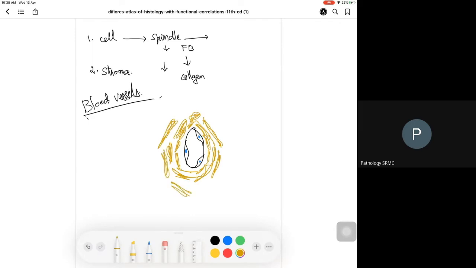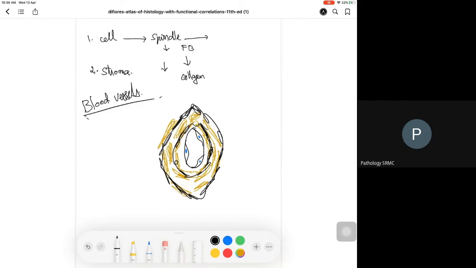More than the thickness of the muscle bundles, all arteries will have two elastic laminae. The black one is the elastic lamina, whereas there is only one elastic lamina in the vein. Endothelium-wise, you cannot differentiate arteries, veins, and lymphatics. Lymphatics in the lumen may have valves and lymphatic fluid, and the muscle bundle will be very, very little, probably one layer.